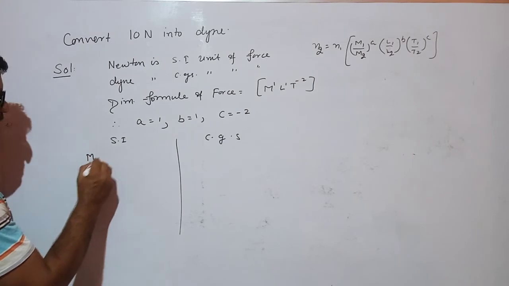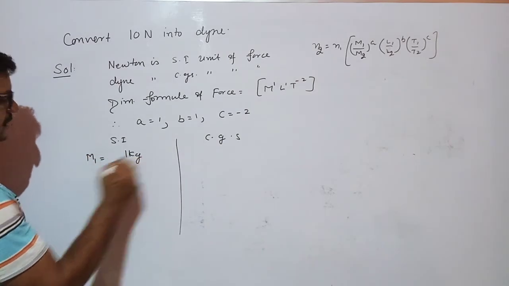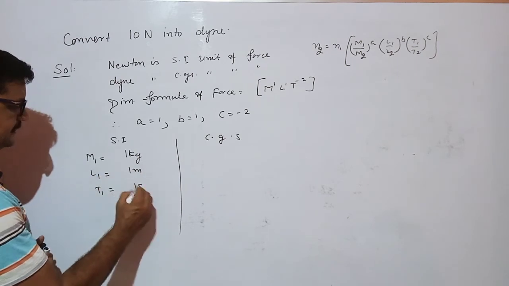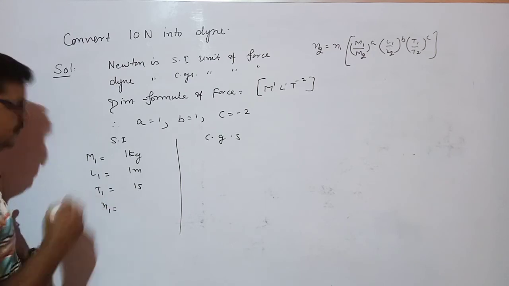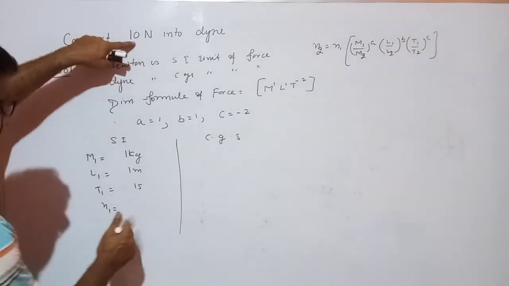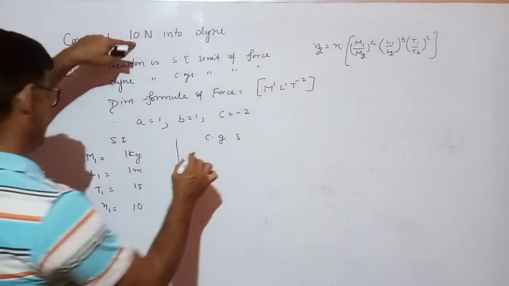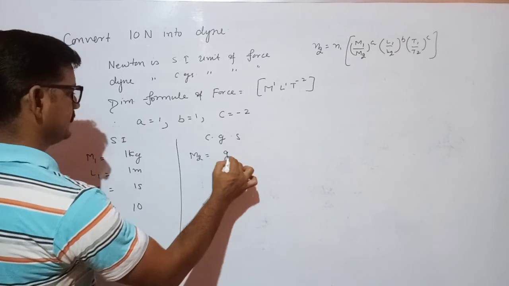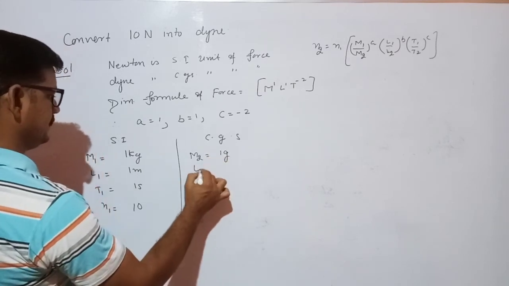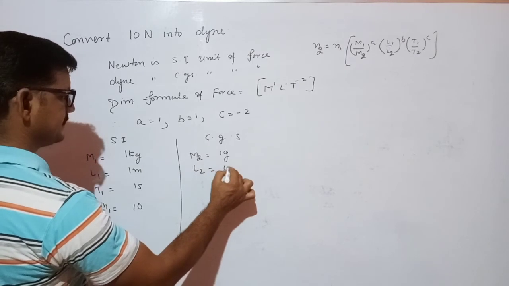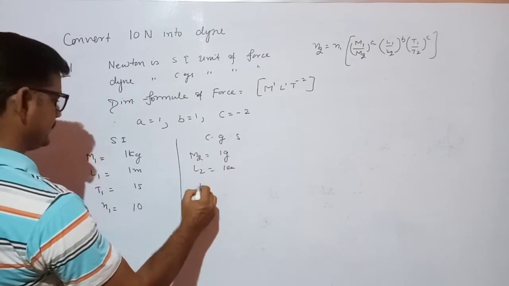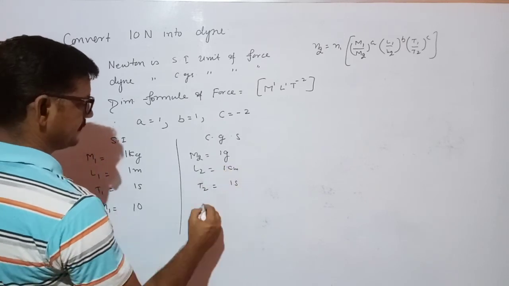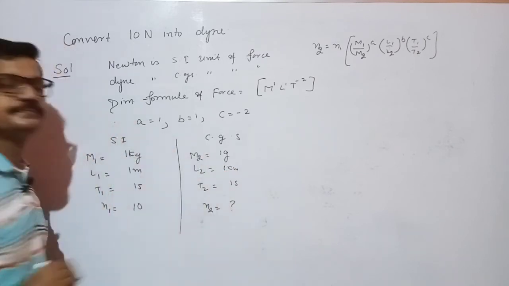So in SI system, mass is measured in kg, length is measured in meter, and time is measured in second. And the numerical value given is 10. And in CGS system, M2, that is mass, is measured in gram, length is measured in centimeter, and time is measured in second. We have to find the numerical value here.